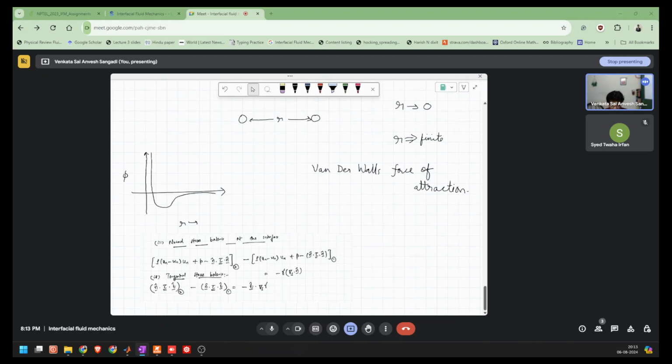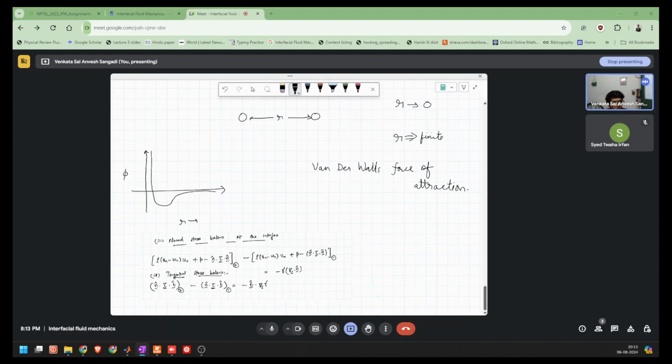You are aware of this particular phenomenon? Yes. So when you are at a finite distance, but close, I can't exactly pinpoint a distance, you have the van der Waals force of attraction, which is maximum here.